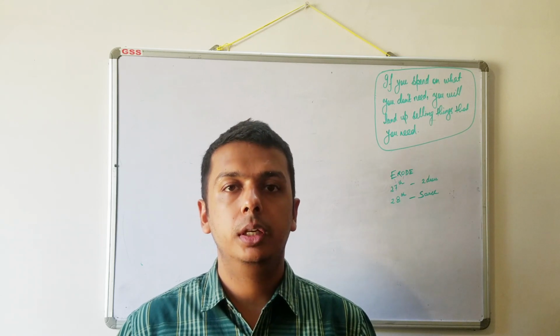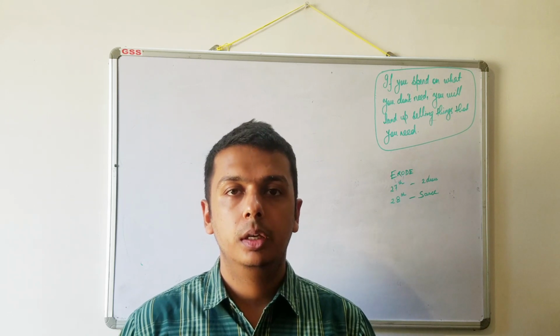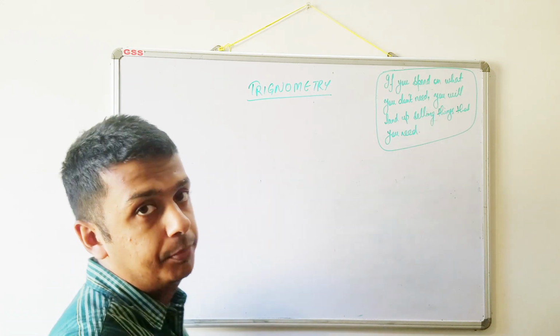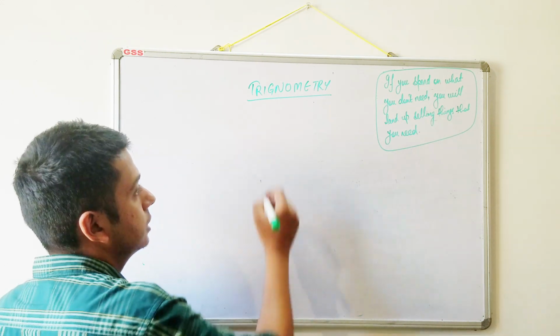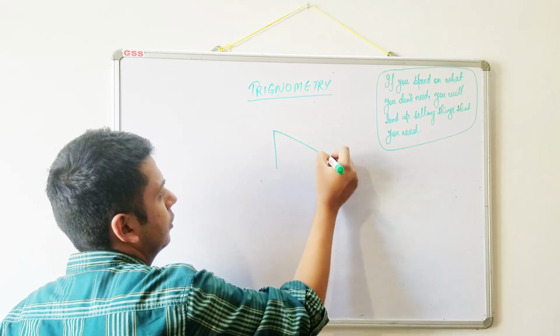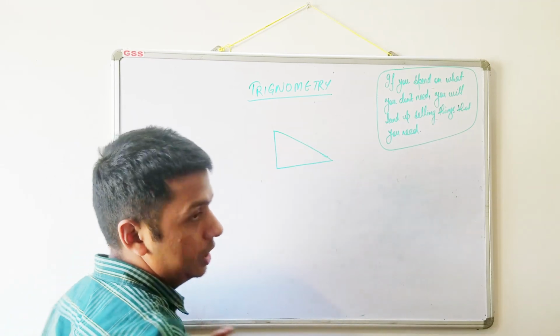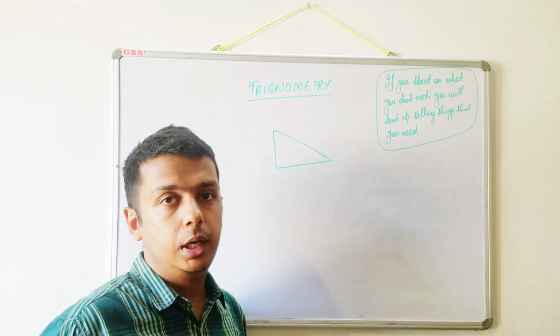So without wasting any time, today's topic that we would go ahead with would be trigonometry. Well, trigonometry is the study of very basic of a triangle, which may or may not be a right angle triangle.